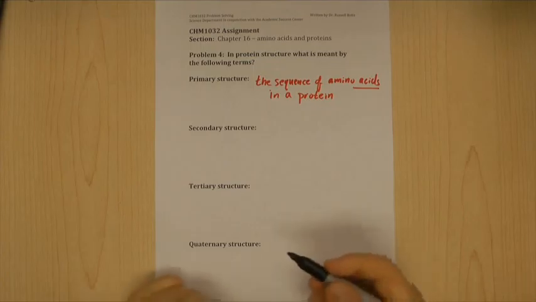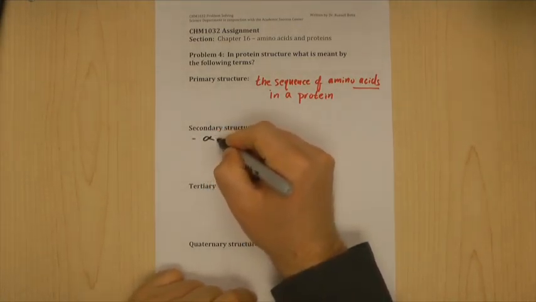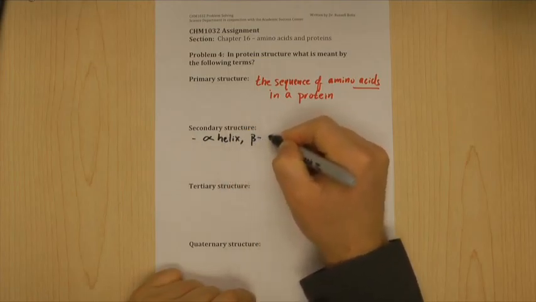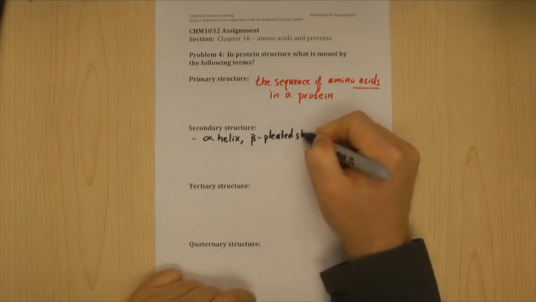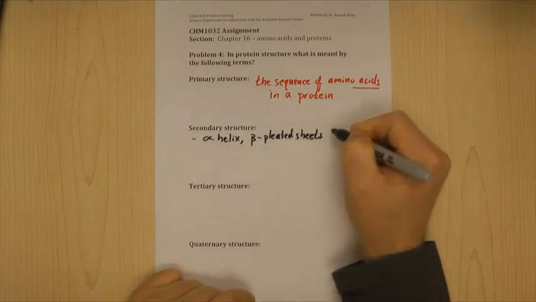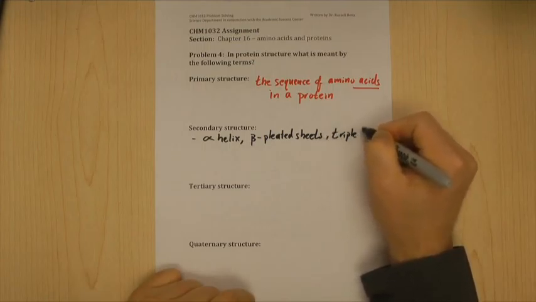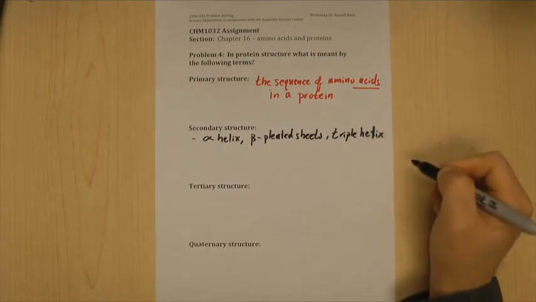Secondary structure. Secondary structures are things such as alpha helixes, beta pleated sheets, and triple helix.